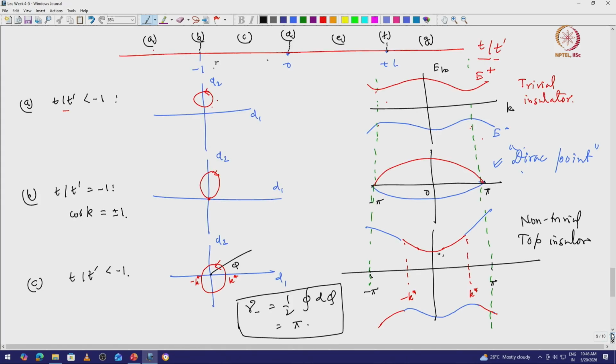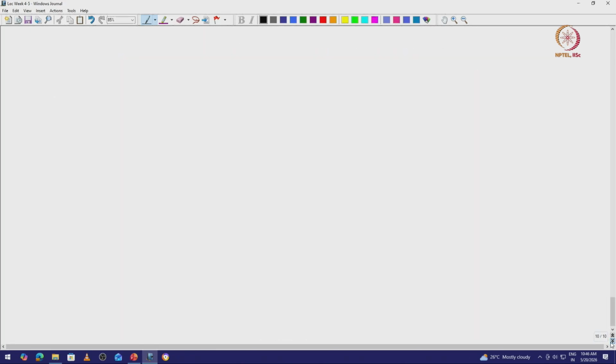Now, let us go to here at this point. So, at this point you can show pretty easily, and let me leave it for you to check.